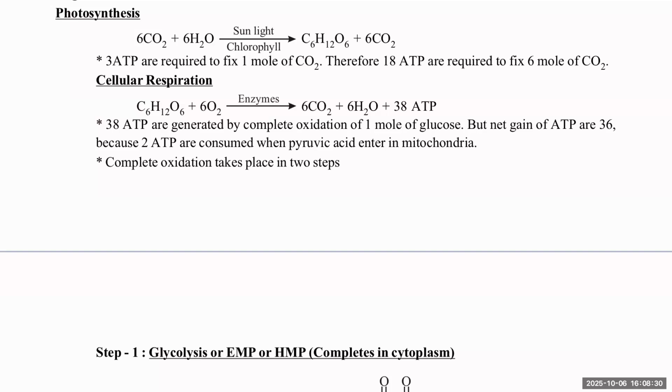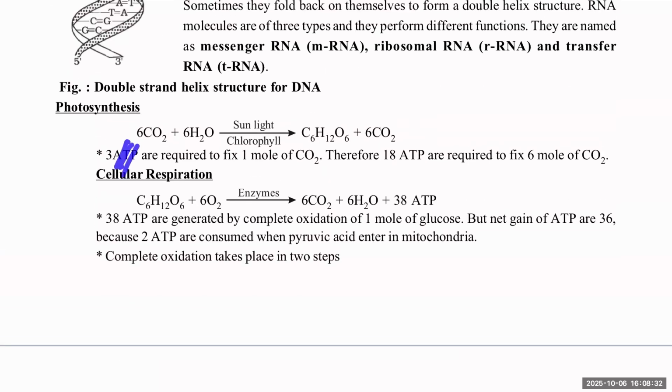Now, ATP is the energy that you are taking, correct? So, 3 ATPs are required to fix 1 mole of carbon dioxide. So, if I want to get 6 CO2 molecules, that means I require 18 ATP. This is the amount of energy being utilized by plants to convert that.